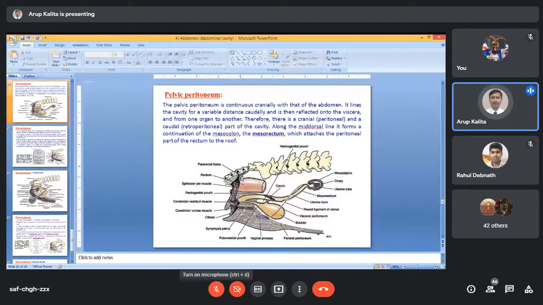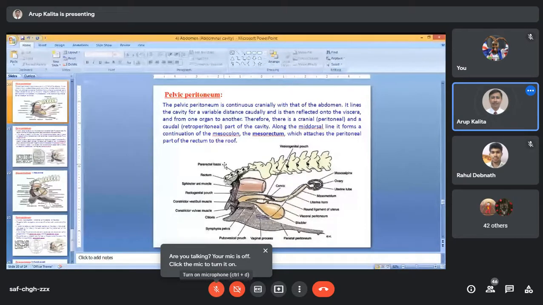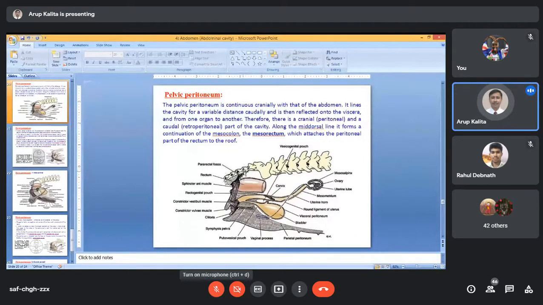Have you seen fossa? One fossa here? And this fossa is called pararectal fossa, or it may be called as pouch-like structure. Pouch means pocket-like structure, and this pocket-like structure is called sacrorectal pouch.